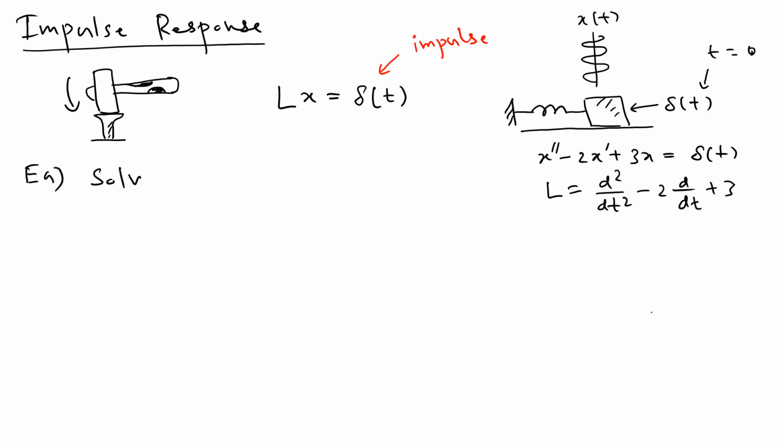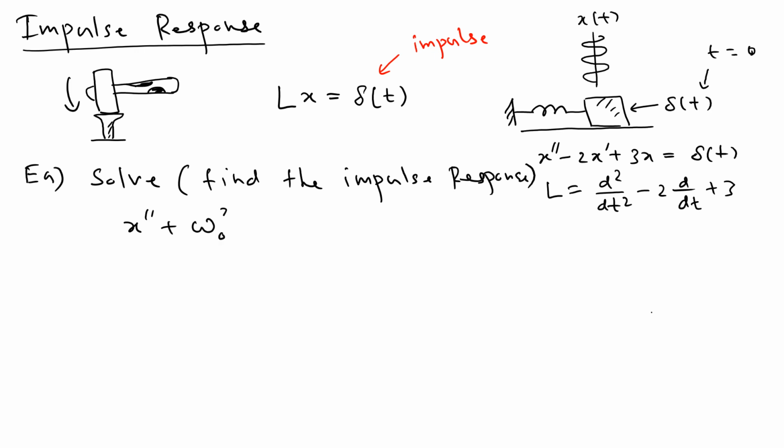Solve, or in other words, find the impulse response of this one. Let's say x double prime plus omega naught squared x equals delta t.